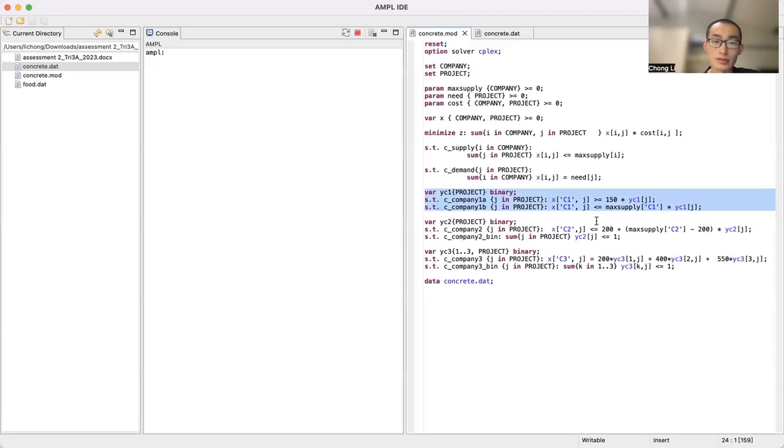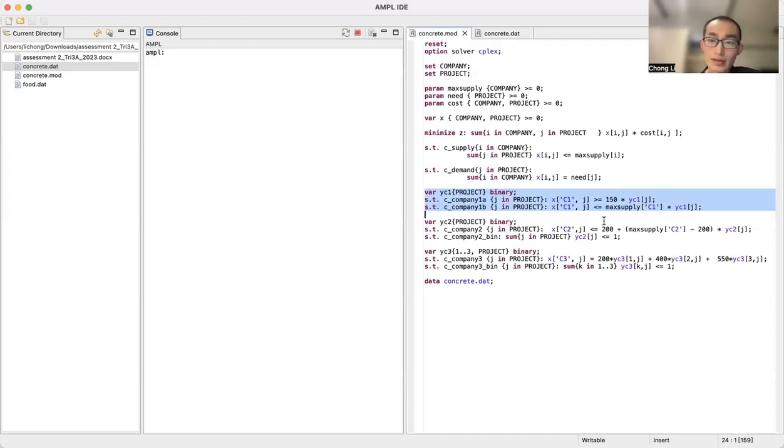When it doesn't supply concrete to this project, the quantity is 0, and the right hand side is 0. For a project that the company does supply concrete to, Y C1 j is 1.